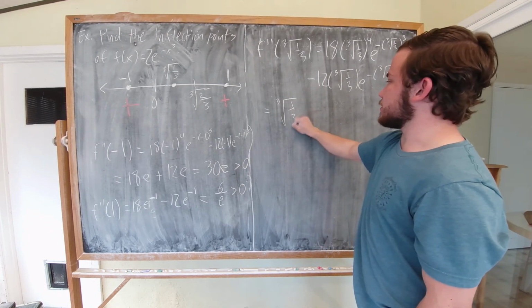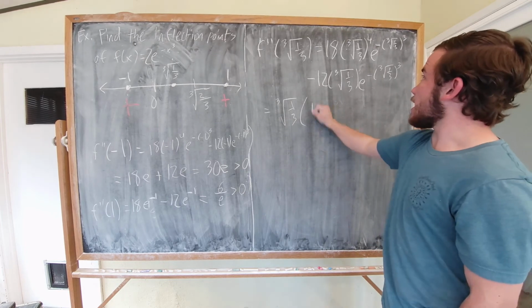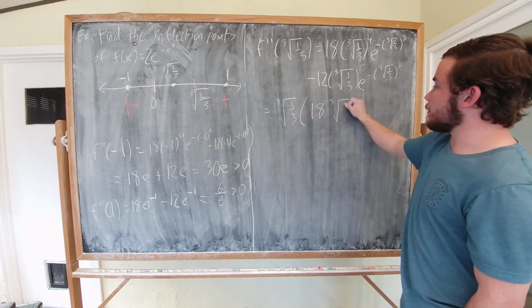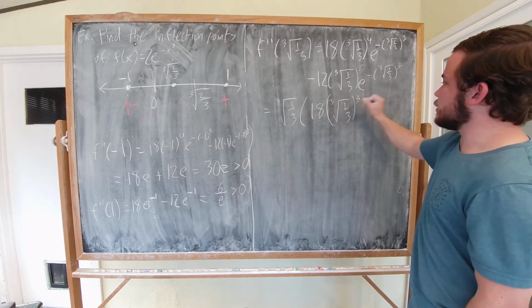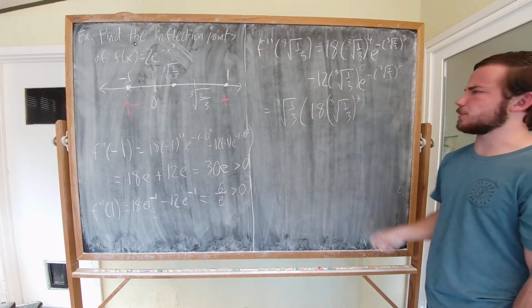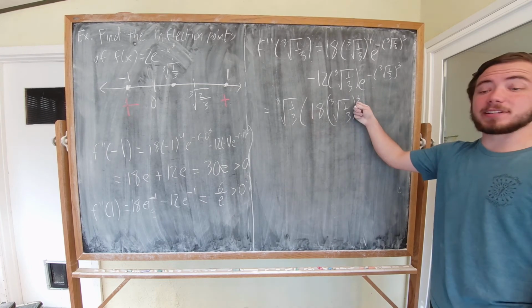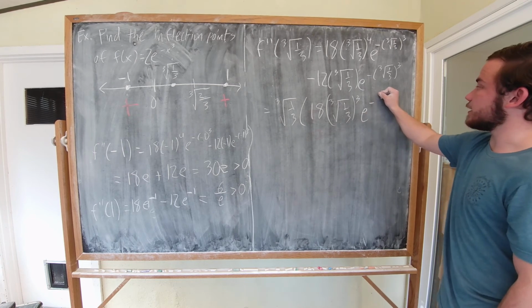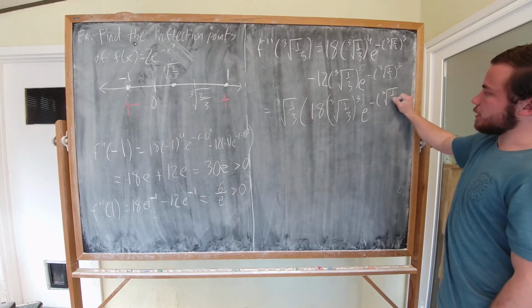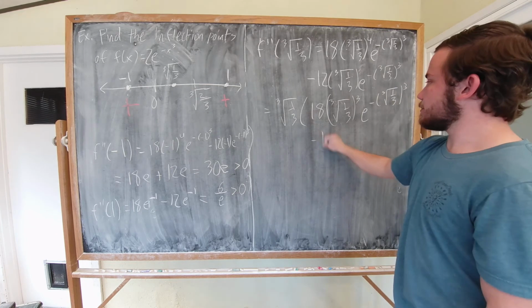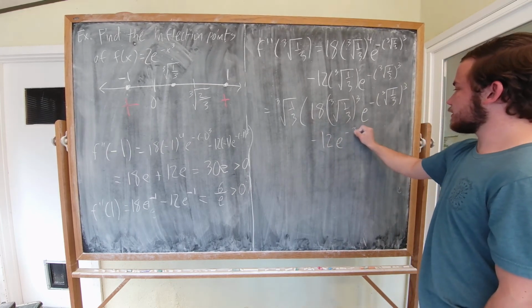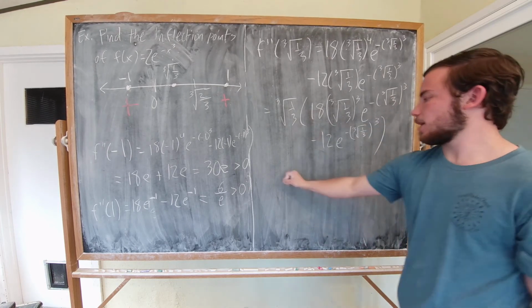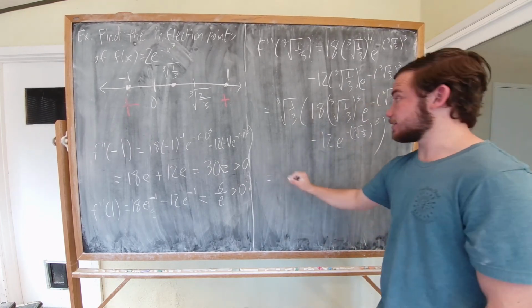This is the cube root of 1/3 times 18 cube root of 1/3 cubed, right? I'm just trying to get it away from this one. Cube root of 1/3 cubed, and the reason that's helpful is because now we'll have a cube and cube root that can cancel. E to the negative cube root of 1/3 cubed minus 12 e to the negative cube root of 1/3 cubed. And now our numbers simplify very nicely.